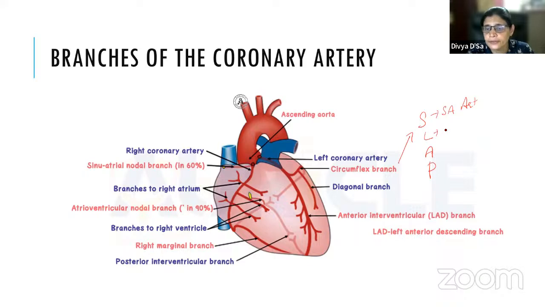Then it will give the left marginal, which will pass along the left margin. Then it gives an atrial branch, which is known as Kugel's artery. And sometimes it may give the posterior interventricular artery. That is how you remember the circumflex artery branches.